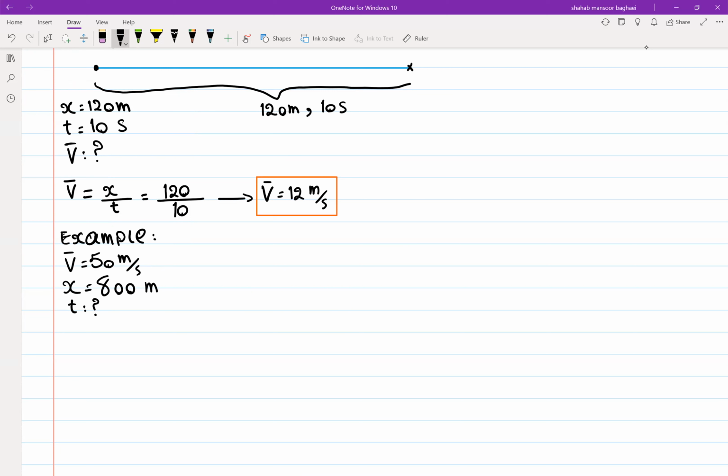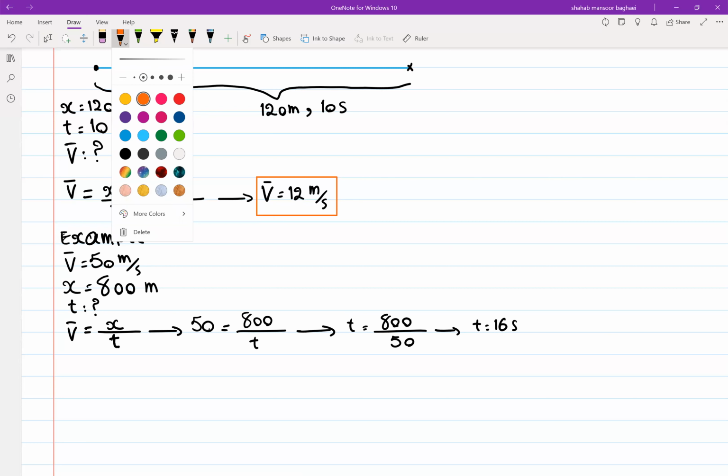So follow the basic equation here. V bar equals total displacement x over total time. V bar, which is 50, equals 800 divided by t. Therefore, t equals 800 over 50. That's 16 seconds. Answer of the question.